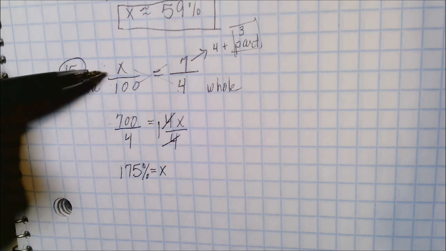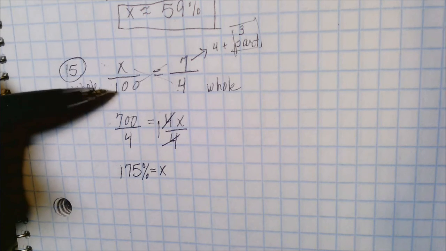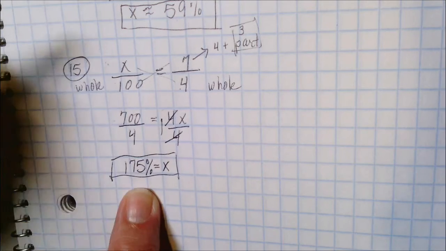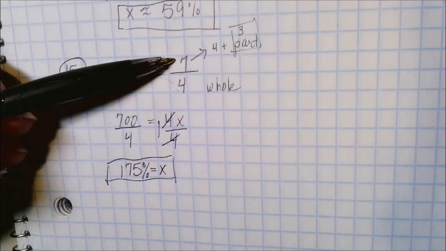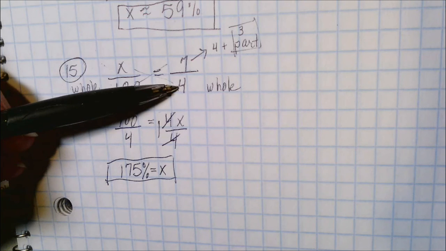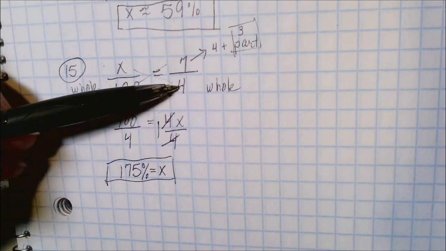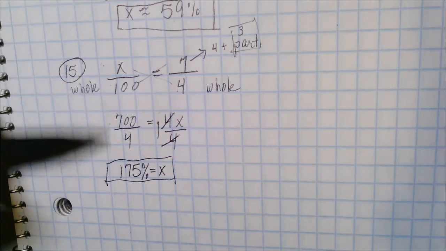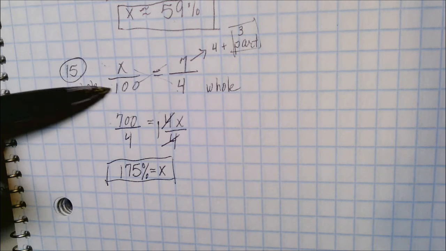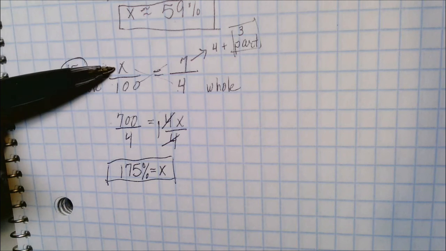And when I look back at my problem again, just to think about this and see if this makes sense as an answer, 7 is almost 2 times the value of 4. If this was an 8, it would be 2 times the value of the whole. 175 is almost 2 times the value of the whole, or 2 times 100.